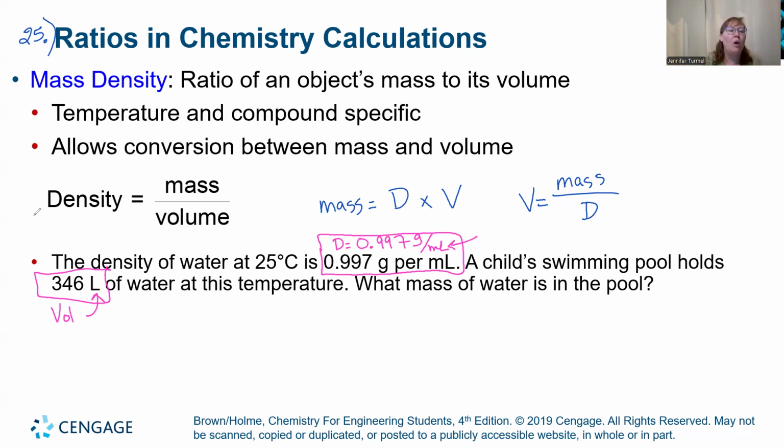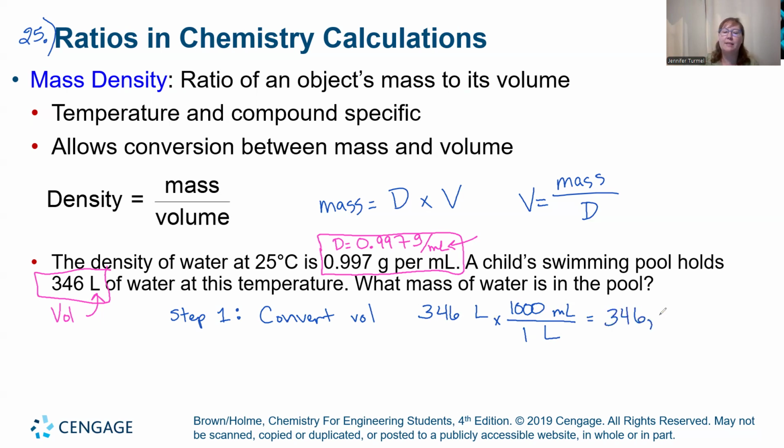So our step one is to convert our volume so that our units will agree. I have 346 liters, and from those conversion sheets before, we know there are 1,000 milliliters in 1 liter. So we have 346 times 1,000, or 346,000 milliliters.